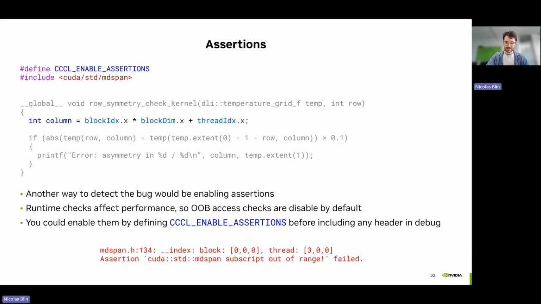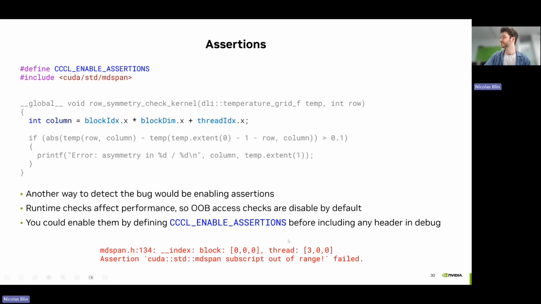Actually, mdspan can also detect out-of-bound access on its own. By default, it's off, but if when you compile you define CCCL enable assertions, just like what we showed on the top, this will make mdspan detect when you're doing an out-of-bound access. And if you do so, it will trigger an assertion, as you can see here.